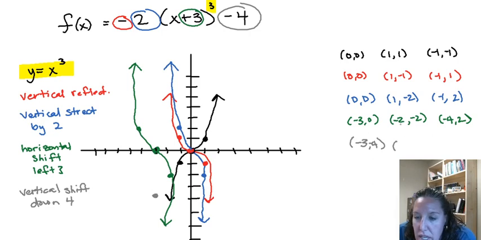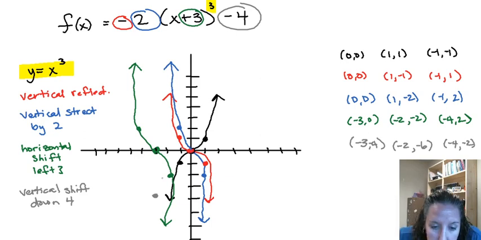Then the point that originally started at (1, 1), the point on the right-hand side of our green graph, is going to go down 4 from there, so that's going to be at a y value of -2... and then our last one starts at a y value of 2, and going down 4 is going to move it to -2.